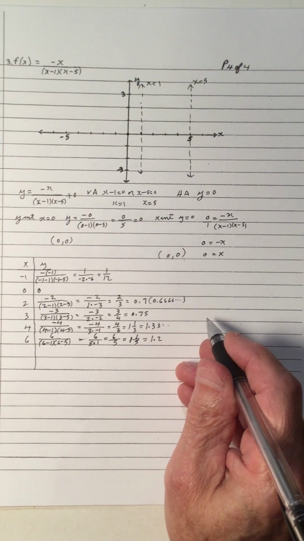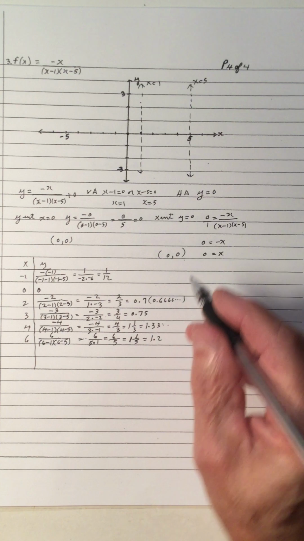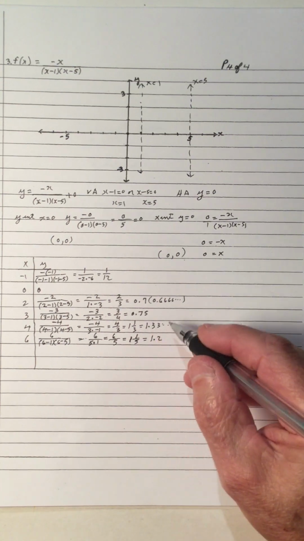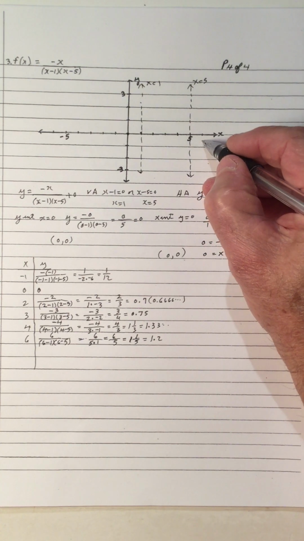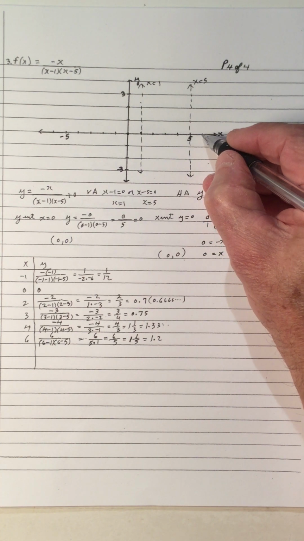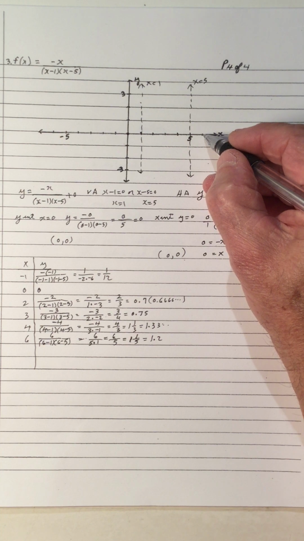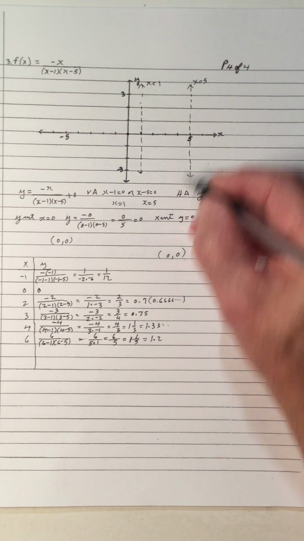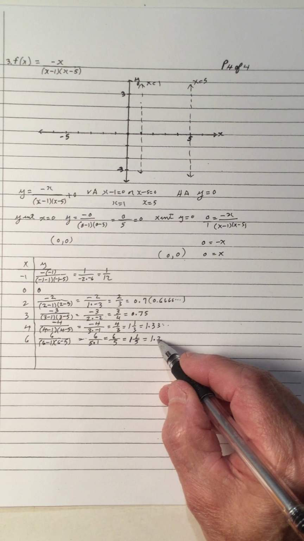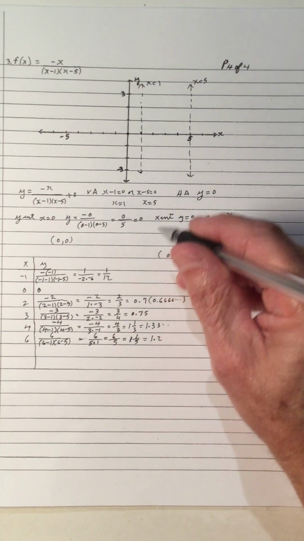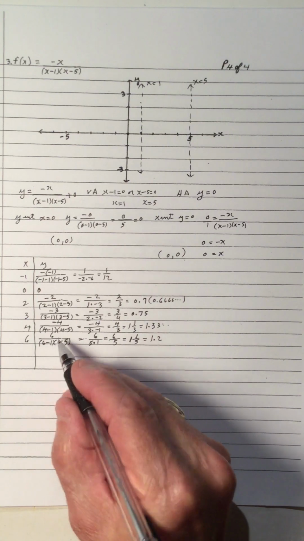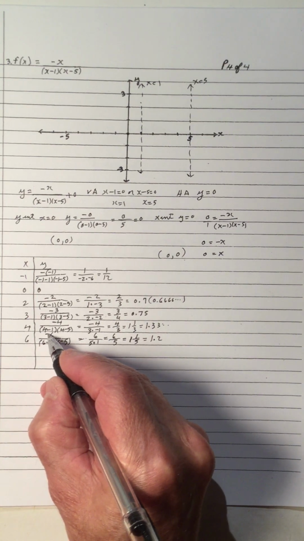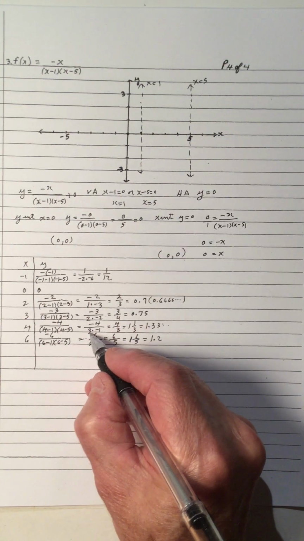So let's have a look at what we have. Let's look at the 6. The 6 is on this side here. 1.2. So is that a negative? Oh, I forgot. This is a negative.